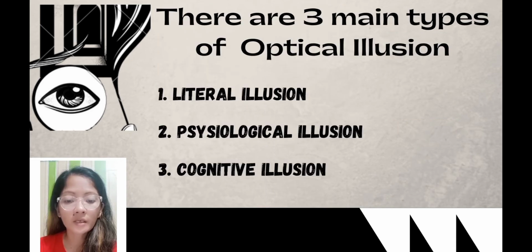So there are three main types of optical illusion. First is the literal illusion. Second, psychological illusion. Third, cognitive illusion.